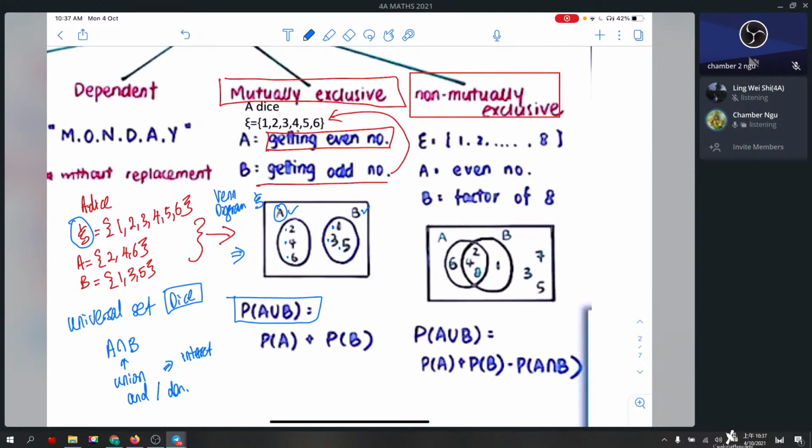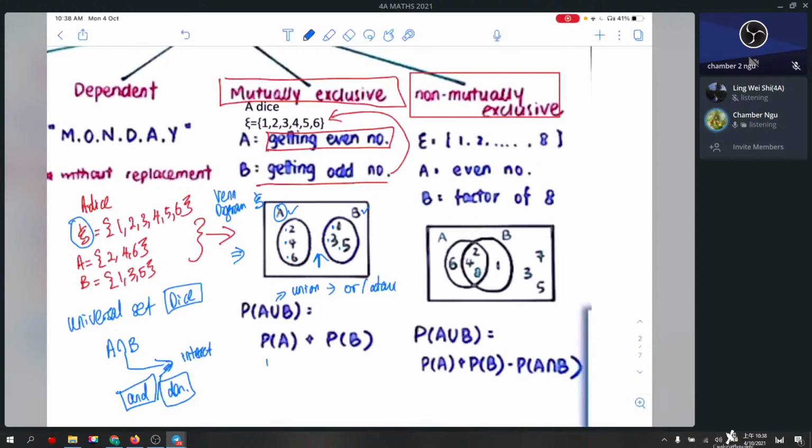This is intersect. So it's the intersect sign, which means 'and'. But here there is no intersect, we don't have a common element. So this one is union. Union is all. 'Ataupun' in Malay is 'atau'.